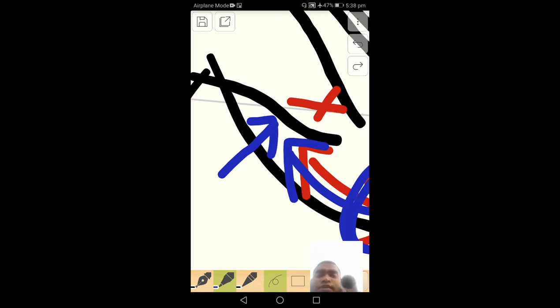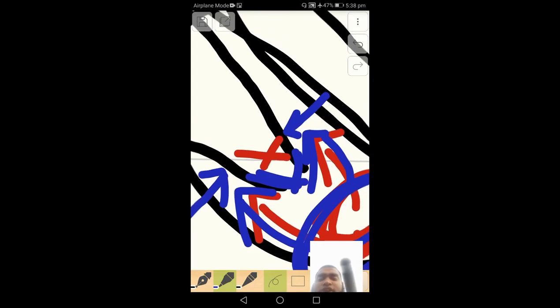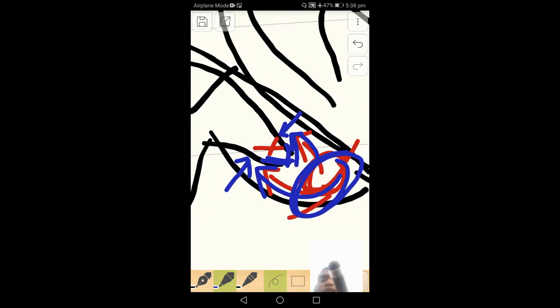It creates a sideways force on the valve while flowing upward, and this valve then closes. So the valve closes and the blood cannot flow back into the atrium.